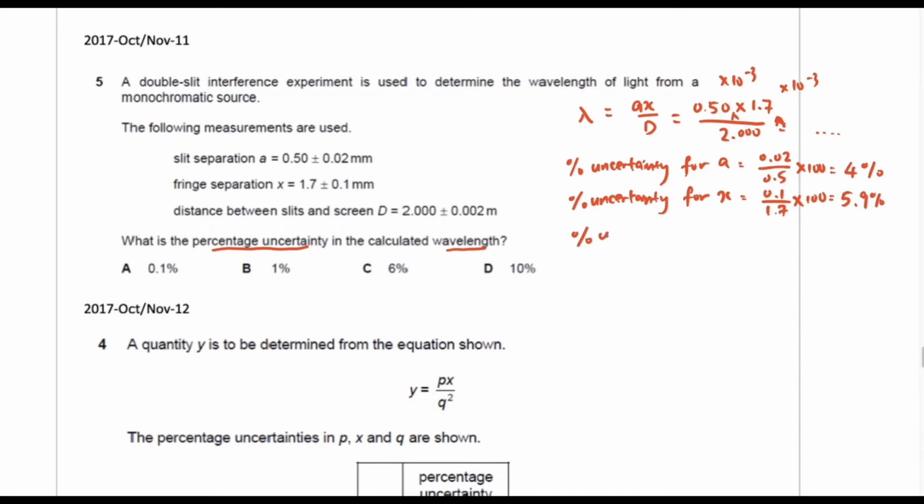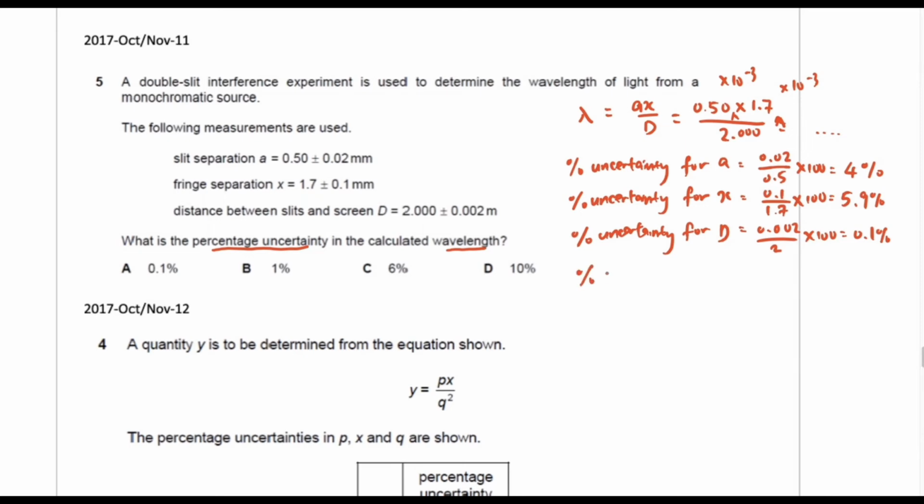Percentage uncertainty for D: 0.002 over 2 times 100. So we get 0.1%.